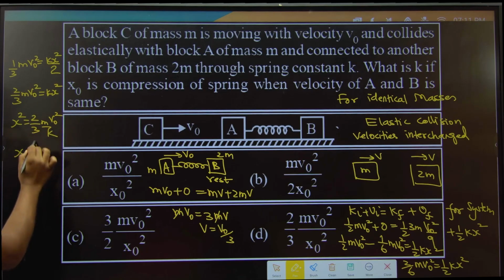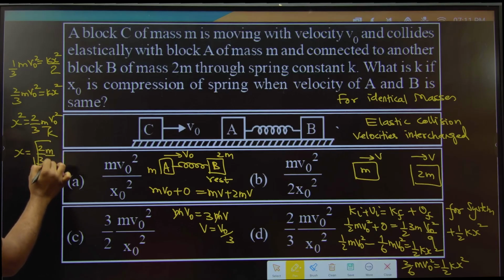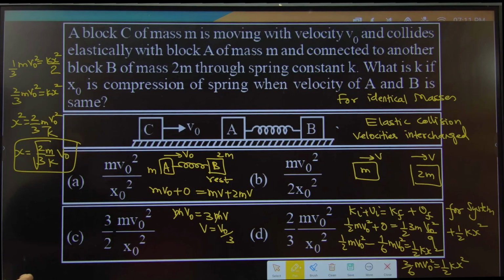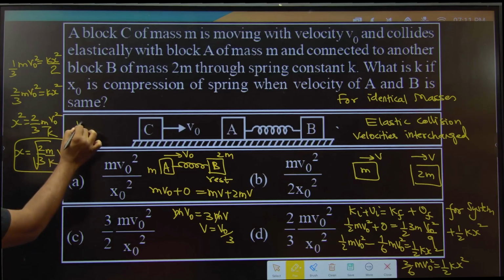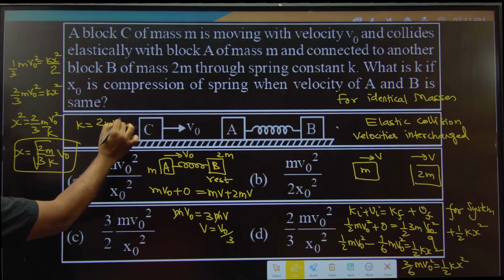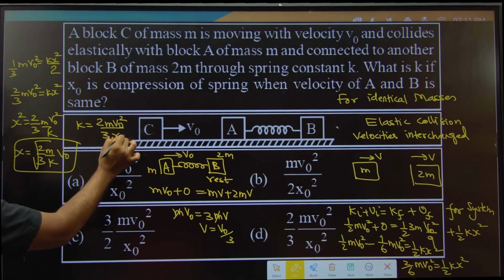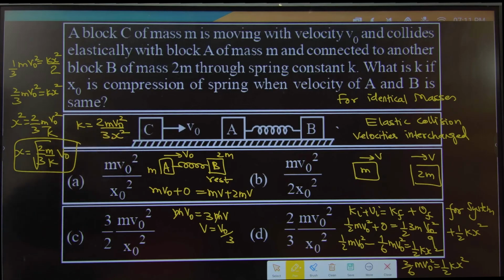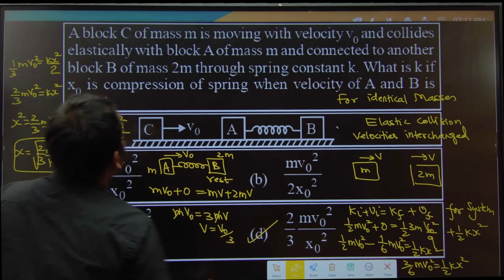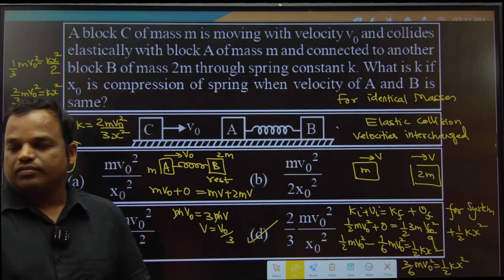So x is equal to the square root of 2 by 3 m by k into v0. We have to find the k value. So k is equal to 2 m v0² by 3x². So that is option D. So here we finish this question. Okay, thank you so much.